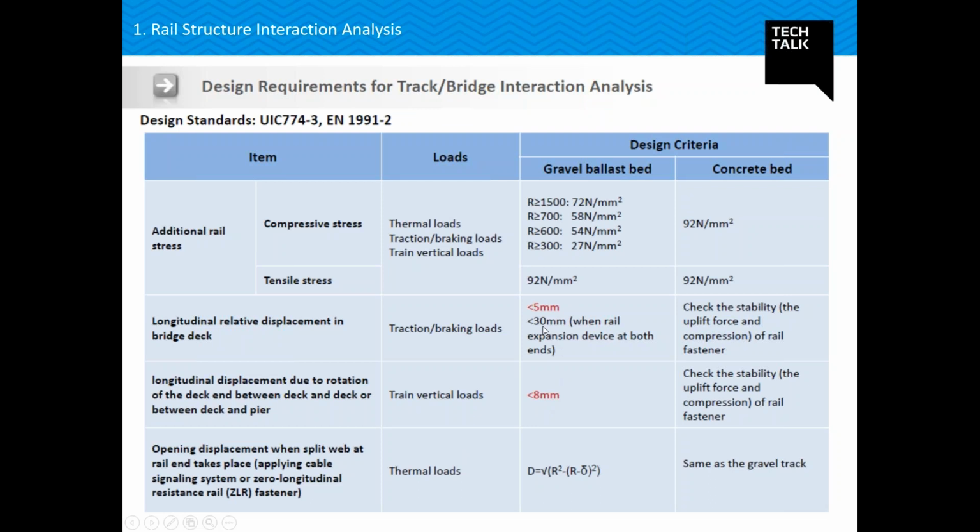The reason for doing this serviceability check is that in most bridges, my rails are placed on the deck with ballast as the connection between rail and deck. Most rail bridges have ballast in them.